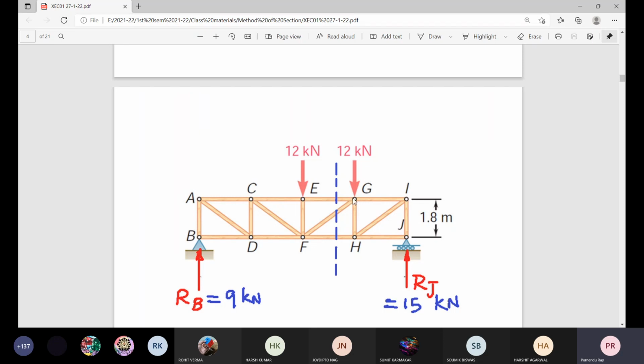So sigma MG is equal to 0 will give you SFH multiplied by this distance 1.8, that is clockwise, and RJ multiplied by 2.4, that is anti-clockwise. Selection of this point G as moment center will directly eliminate the contribution of 12 kilonewton and contribution of SFG. Okay, so one equation with one unknown, solve it, SFH.